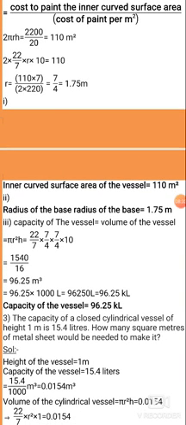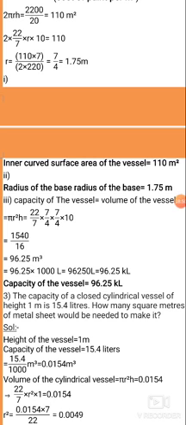Now what is the volume equation? Pi r square h. So pi r square h is equal to 0.0154. Now substitute. Pi is equal to 22 by 7, into r square, into h which is 1 meter, equal to 0.0154. Now r square is equal to 0.0154 into 7 divided by 22. So you can cancel 154 and 22, 7 times.